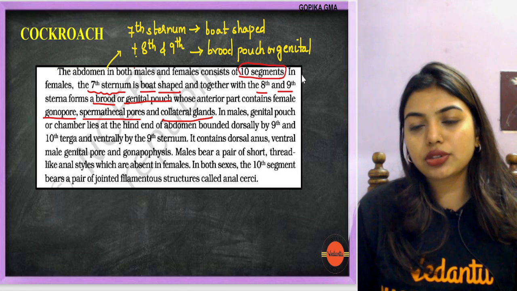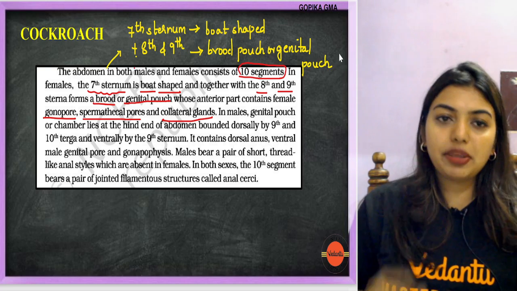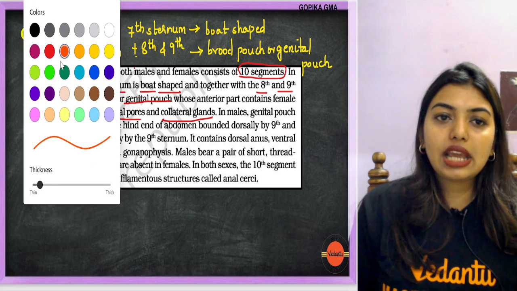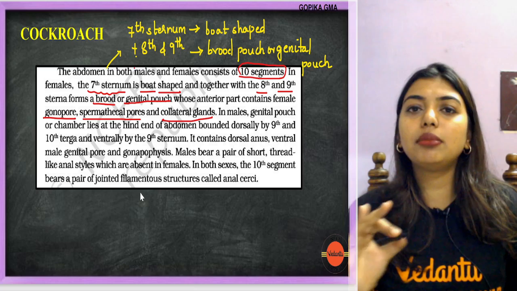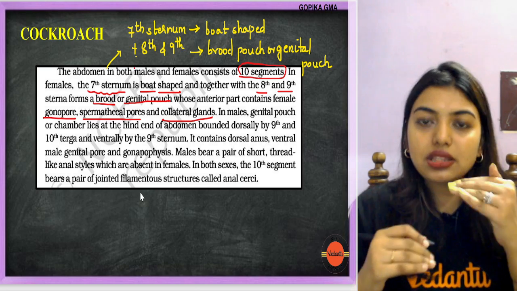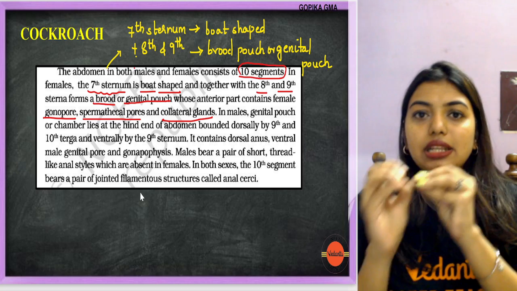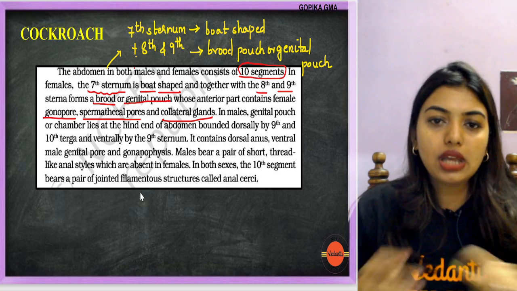This is in females. Very important. They have 10 segments in the abdomen, both in males and females, and of these, the 7th sternum is boat shaped, and the 7th plus 8th and 9th together form the brood pouch or the genital pouch.